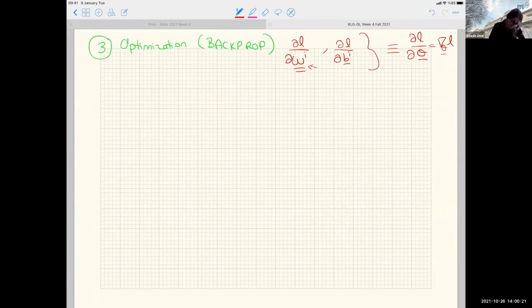Now, backward pass, as the name implies. Let's look at this, okay? Our derivatives are always based on the chain rule.